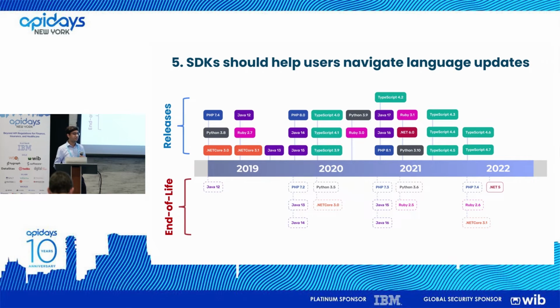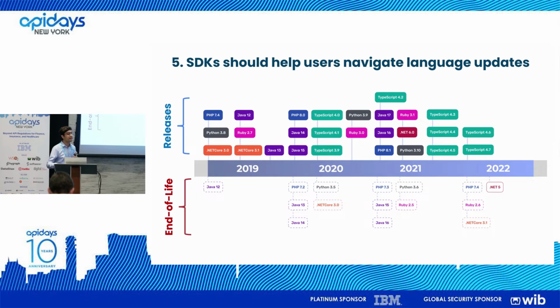One of the problems that you will have when you're creating SDKs is that the language that you're writing your SDK for is also changing over time. And that is where you help your developers. You make sure that your SDK is always up to date for that language.